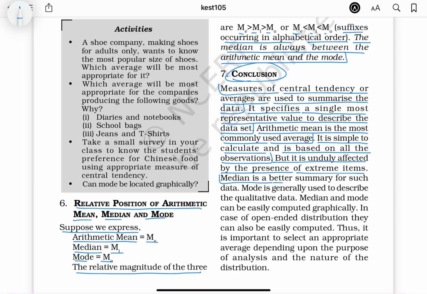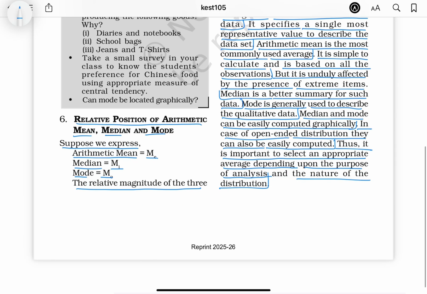Median is a better summary for such data. Mode is generally used to describe qualitative data. Median and mode can be easily computed graphically. In case of open-ended distribution, they can also be easily computed. Thus it is important to select an appropriate average depending upon the purpose of analysis and the nature of the distribution.